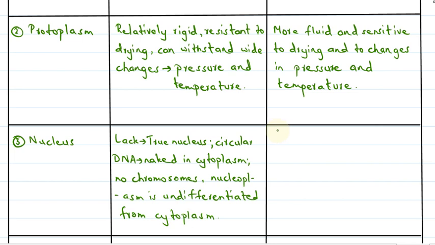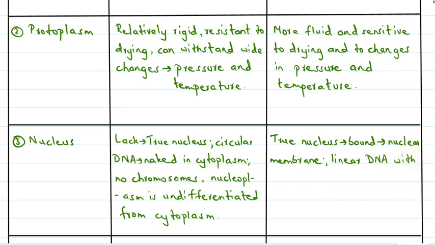Whereas eukaryotic cells have true nucleus bound by nuclear membrane. Bound by what? It is bound by nuclear membrane, and they contain linear DNA. They have linear DNA associated with what?